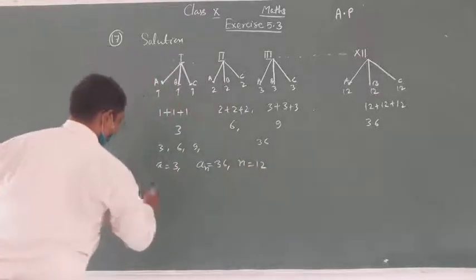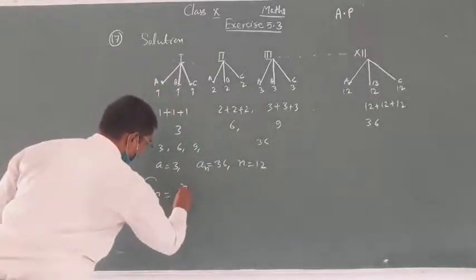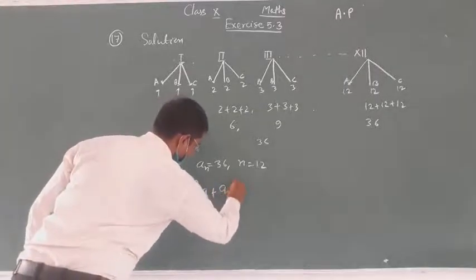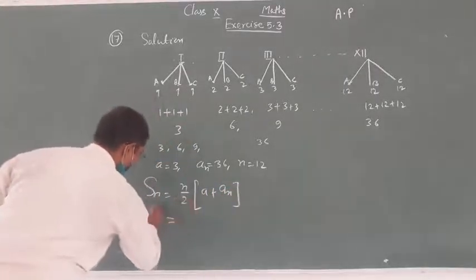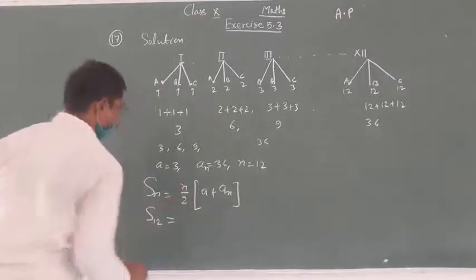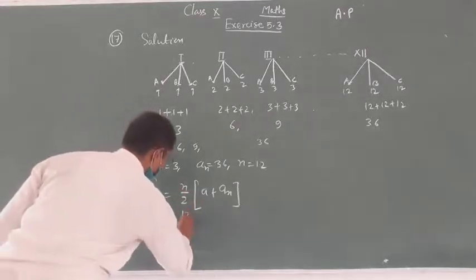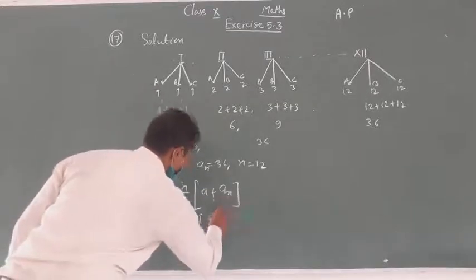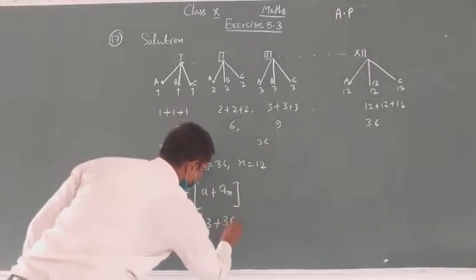So Sn is equal to n by 2 into bracket a plus an, the last term. So now put here S12 is equal to 12 upon 2 into first 3 plus last 36.